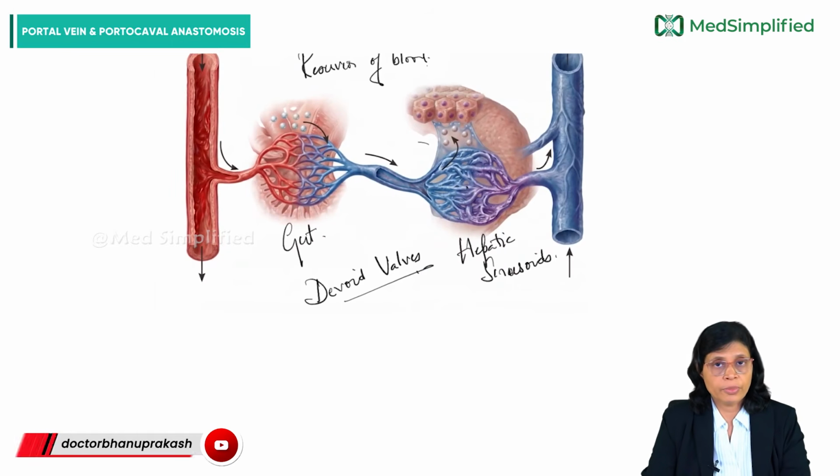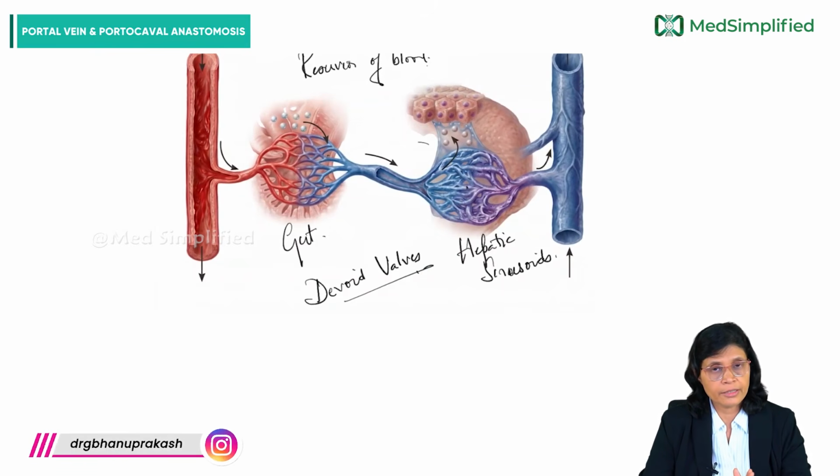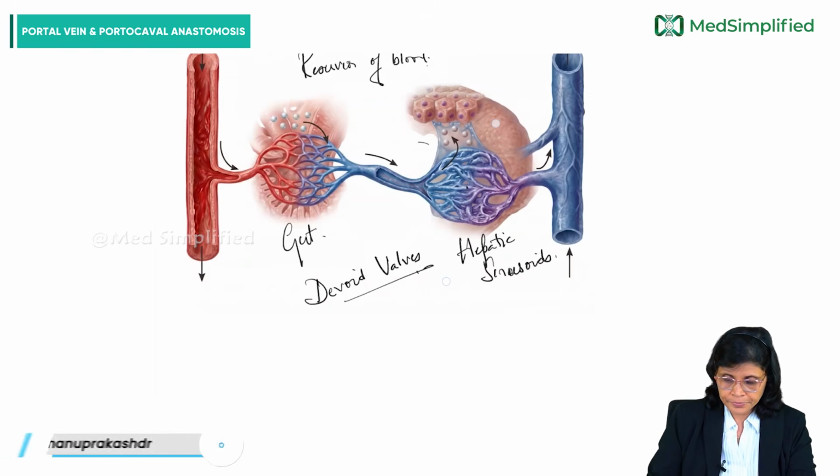Two streams of blood circulate through the trunk of the portal vein, from the superior mesenteric and from the splenic. Usually the superior mesenteric blood goes along the right branch, and the blood coming from the splenic goes towards the left branch.